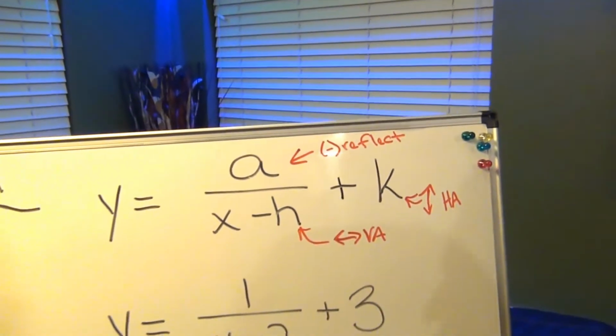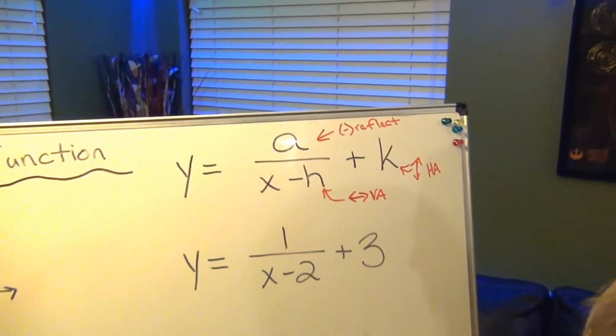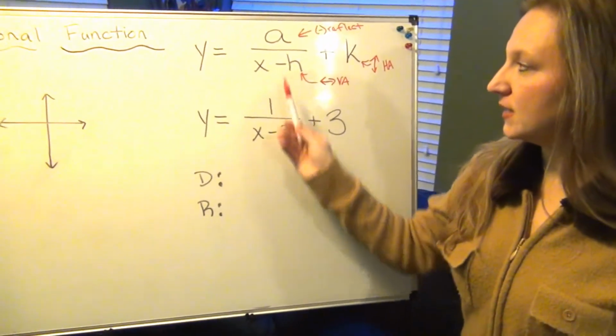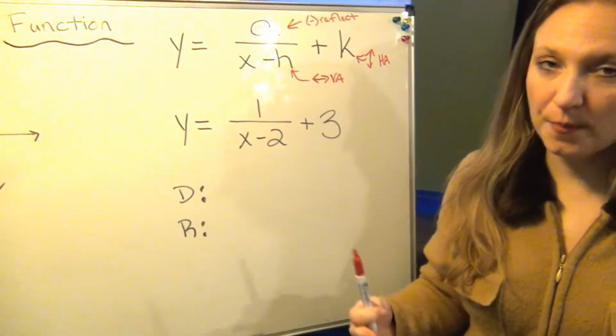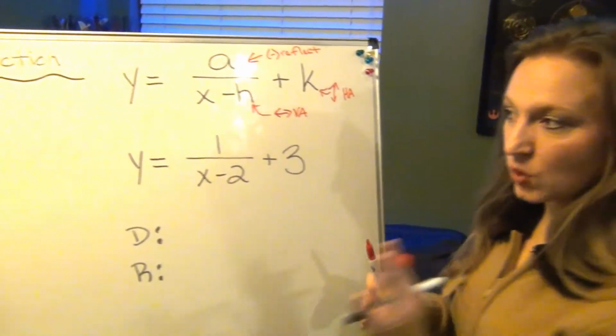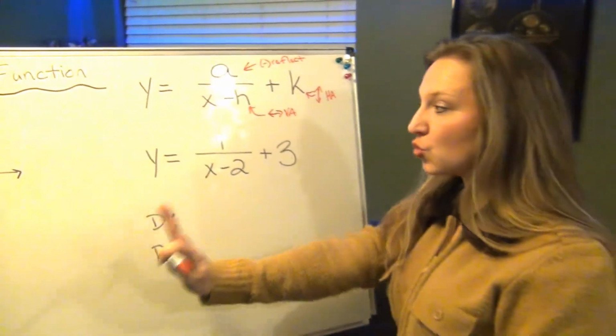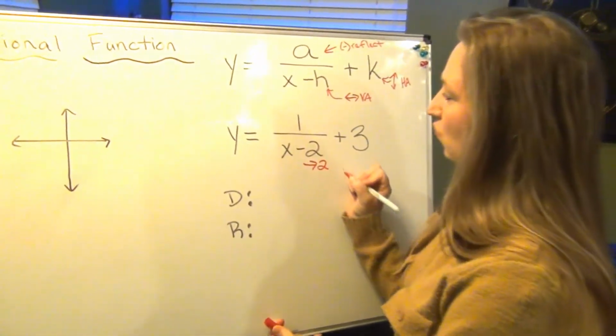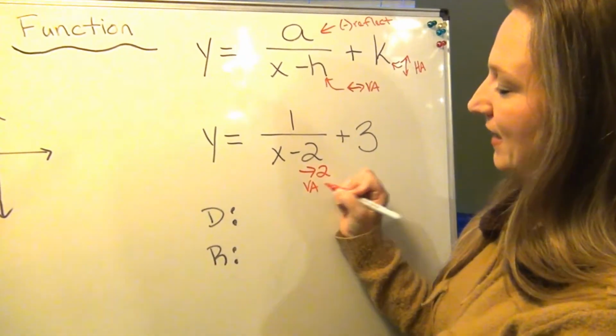a is just 1, so we don't need to worry about any stretching, compressing, or reflecting. We have a minus 2. Remember, the minus is the opposite of what you think. So instead of going left 2, we know we're going to move to the right 2. So this tells me we're going to shift right 2 our vertical asymptote. So let's draw that in our graph.